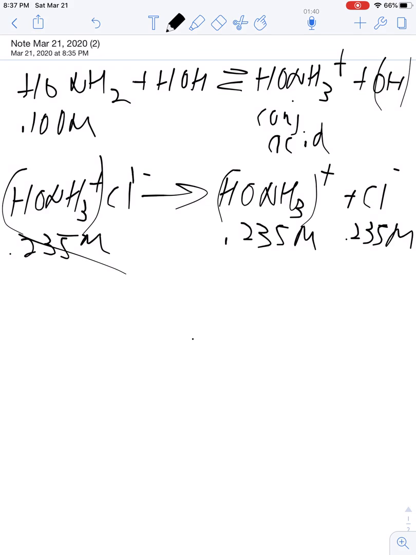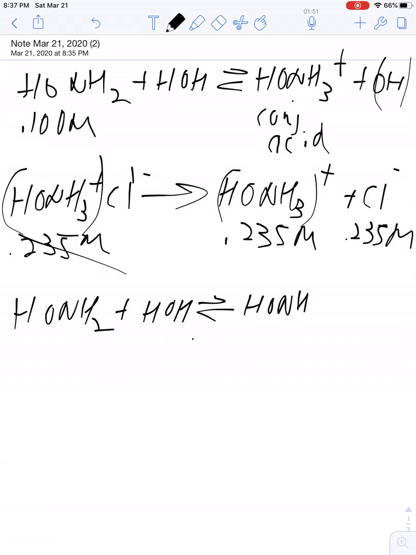So when I actually start my ice table, I'm not starting with 0 of this, I'm starting with 0.235 molar of that.